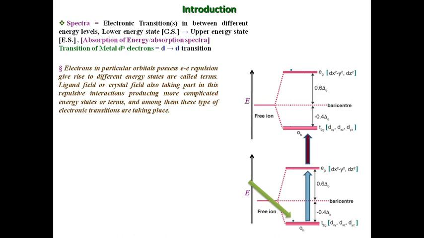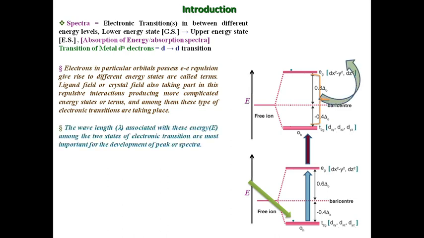Among them, these types of electronic transitions take place. Again, the wavelength lambda associated with the energy difference between two states of an electronic transition is most important for the development of the peak or spectra, as shown in the slide.